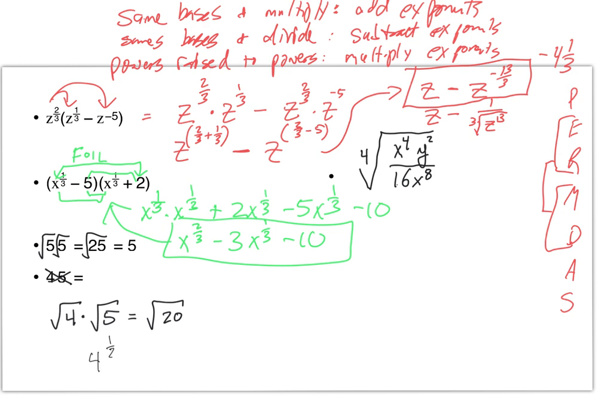Four to the 1/2 times 5 to the 1/2 is 4 times 5 to the 1/2. We usually did it the other way around, where if I have 2 things multiplying to the same power, I can bring the power into each of them. Here I'm doing it the other way, pulling that out. So that's 20 to the 1/2, which as a half is square root of 20.